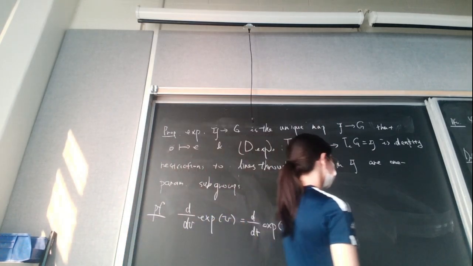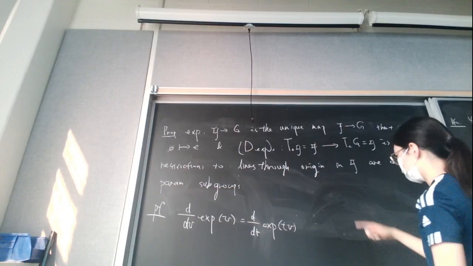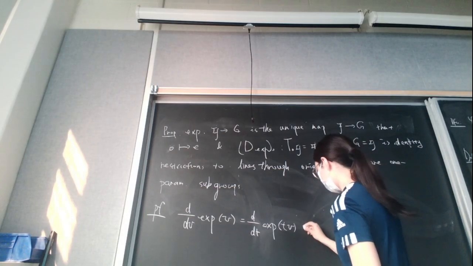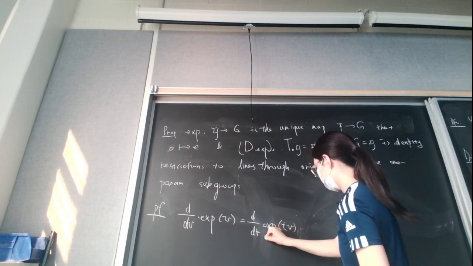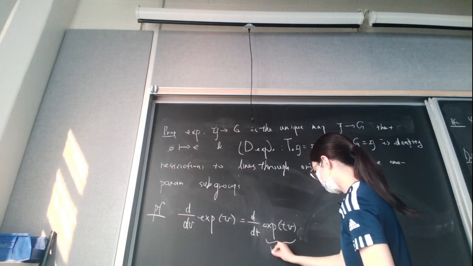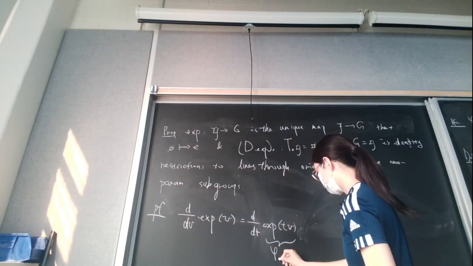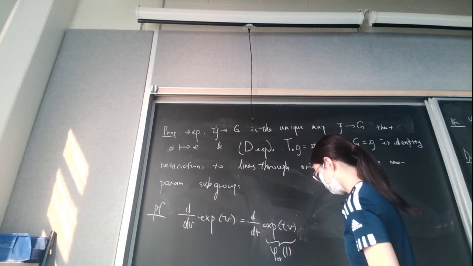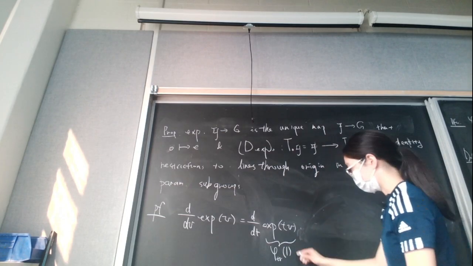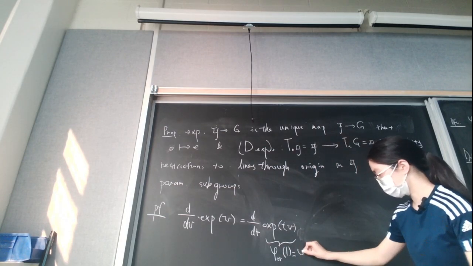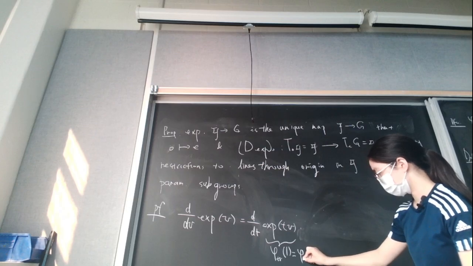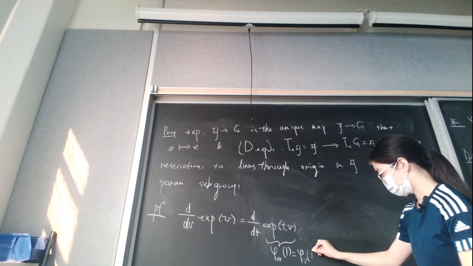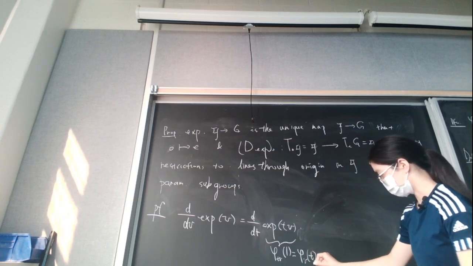And then we can use the formula from before, which I just erased. We know that this is equal to phi tv of 1, but this is also equal to phi v of t.